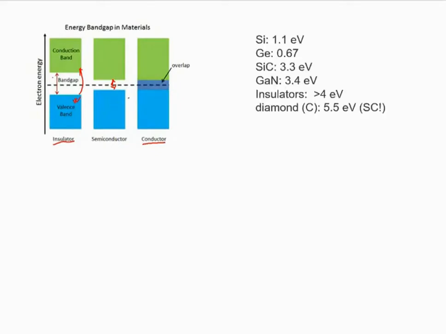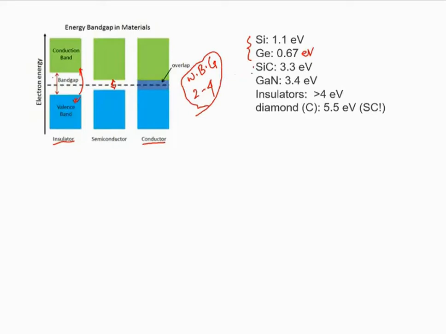Now, if you look at the band gap of popular devices, we generally use silicon and germanium. Germanium has a band gap of 0.67 eV, silicon has around 1.1, and the wide band gap range is generally between 2 to 4. So the devices typically coming in this zone are popularly known as wide band gap devices.